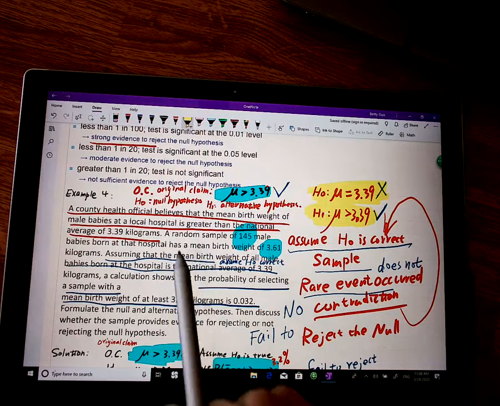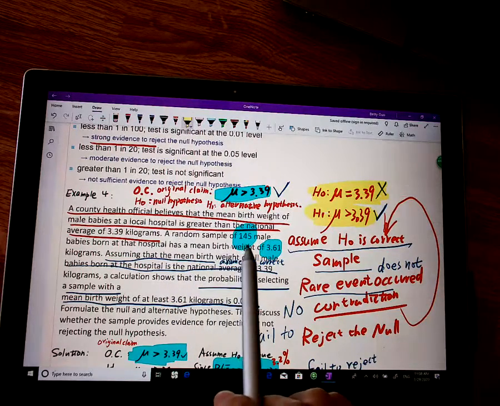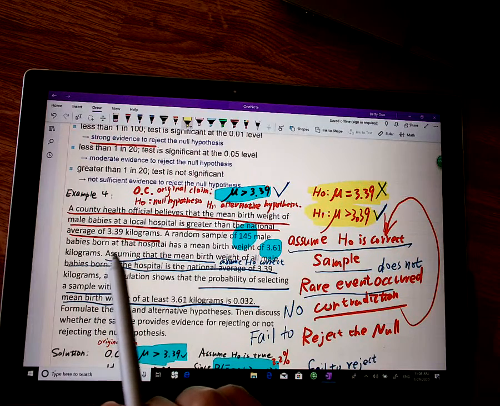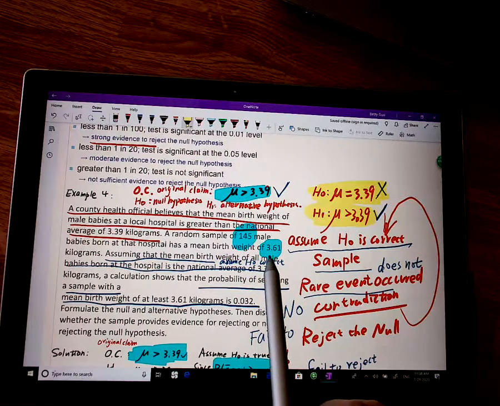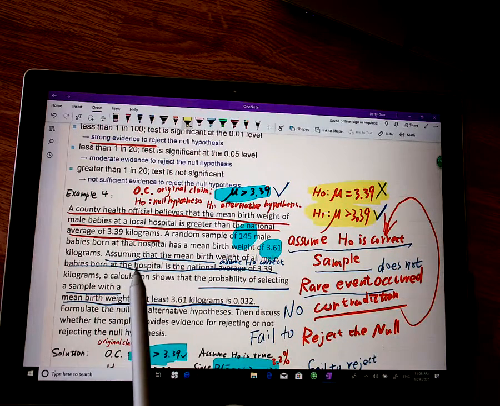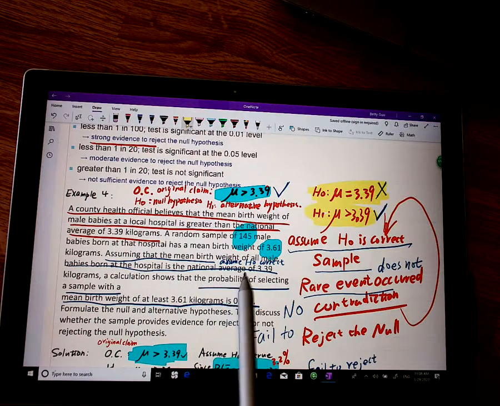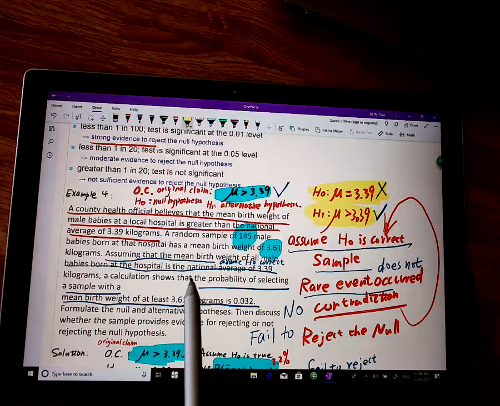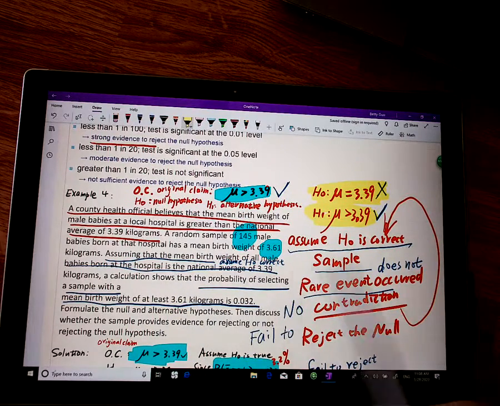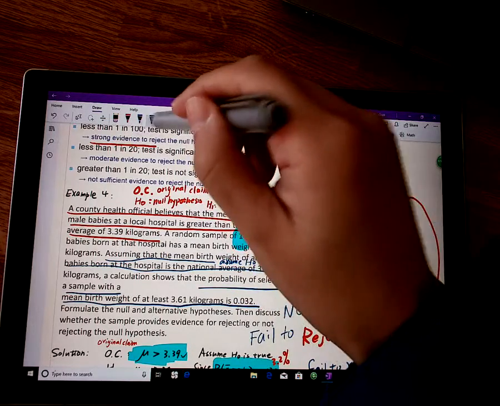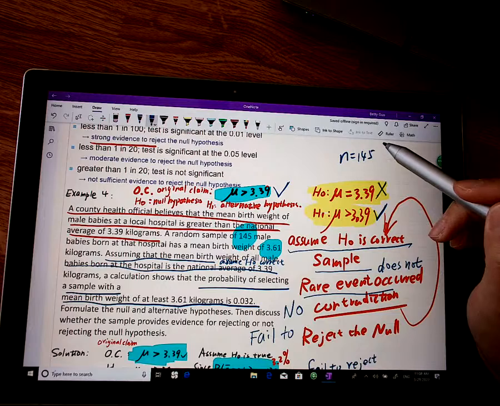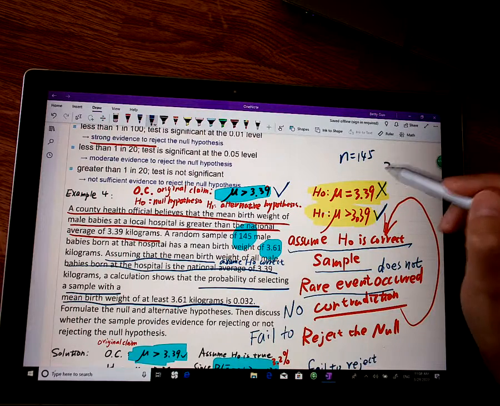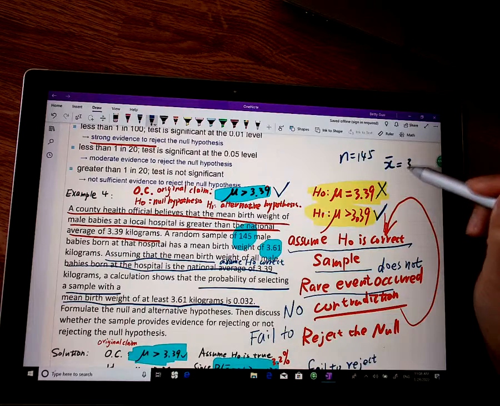Let's keep reading here. So a random sample of 145 baby boys born at that hospital has a mean weight of 3.61 kilograms. Assuming that the mean birth weight of all male babies at the hospital is the national average. So we assume the null is true, right? So now we got a sample. Sample size n equals 145, and the sample mean is 3.61.